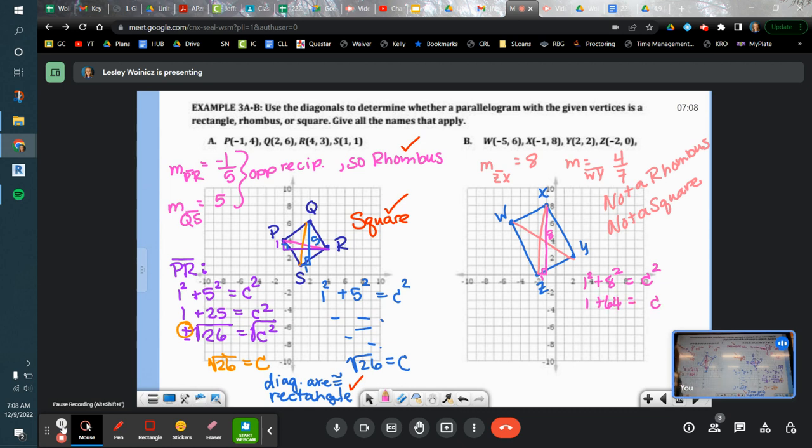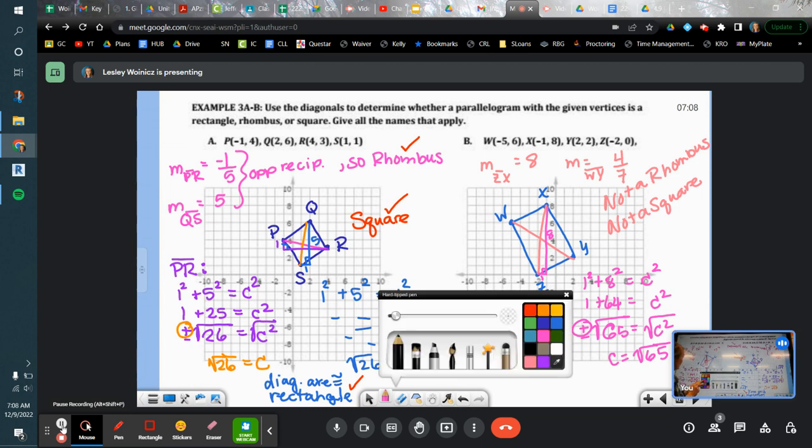So my c squared is 65. I don't know why I wrote 2. Okay, I'm going to take the square root. Square root has 2 solutions. I want the positive one. 65 has no perfect square factors, so my c is just root 65. That's for that pink one I just did.